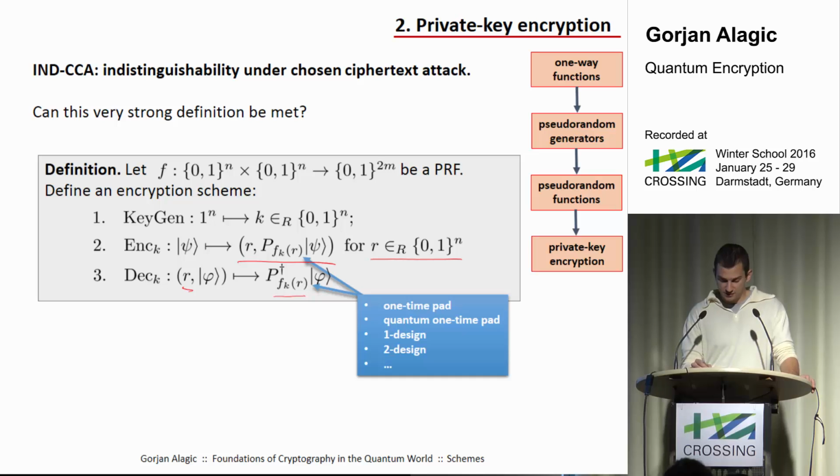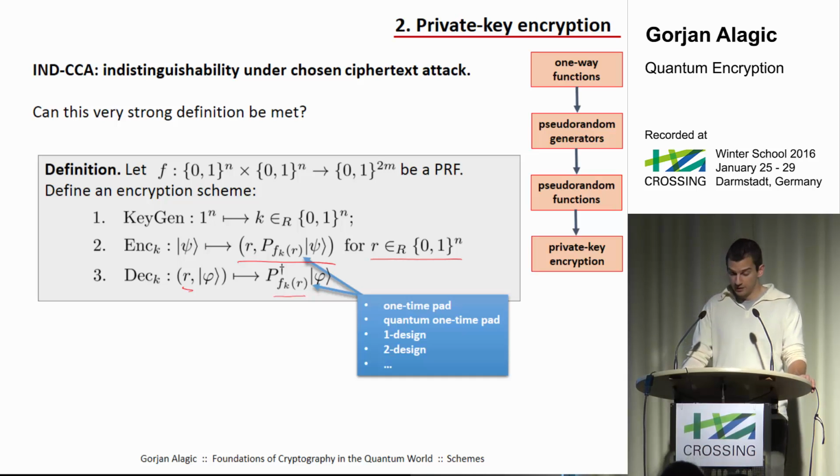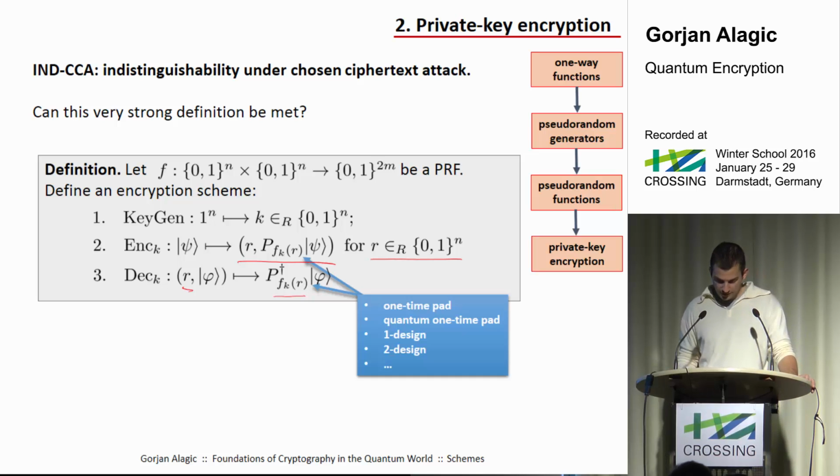Then, because the operation P sub f_k of R was unitary, we can undo it just by applying its inverse. So that hopefully demonstrates correctness of the scheme.